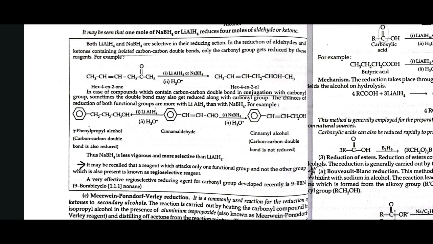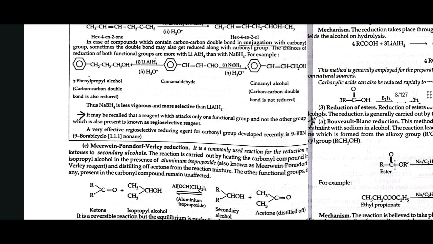The chances of reduction of both functional groups are more with LiAlH4 than with NaBH4. It may be recalled that a reagent which attacks only one functional group and not the other functional group also present is known as a regioselective reagent.